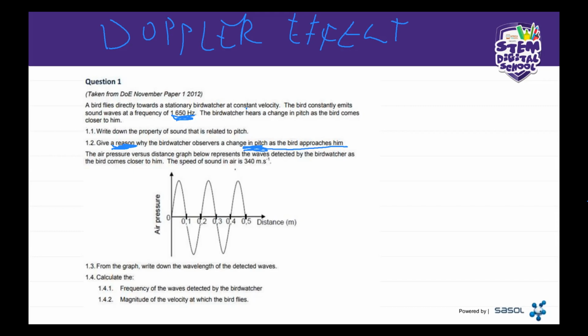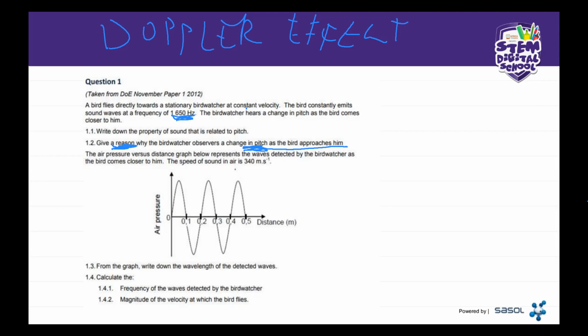They don't want to know the phenomenon. They don't want to know the ideology behind the change in pitch. They want to know the reason behind it. If they asked for the phenomenon, the procedure whereby the bird watcher observes a change in pitch, then we'd say it's a Doppler effect. But this one is not a Doppler effect because they want a reason.